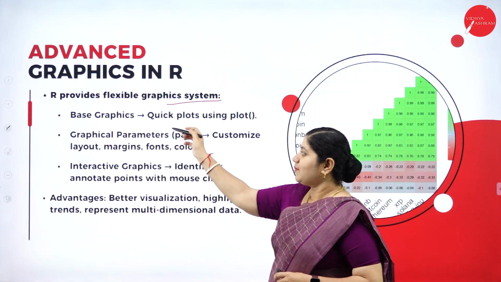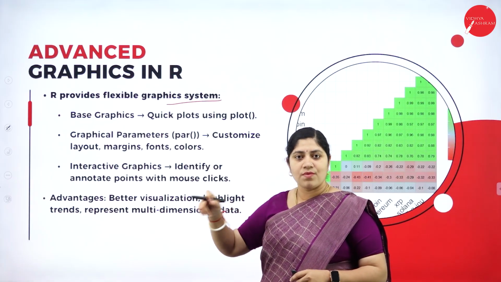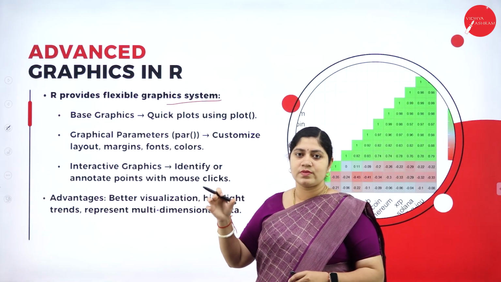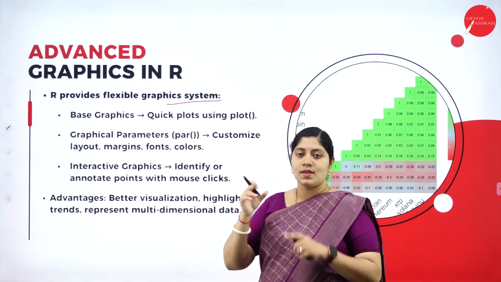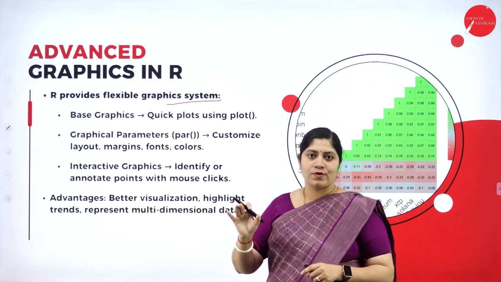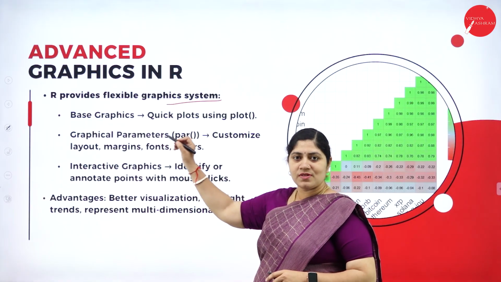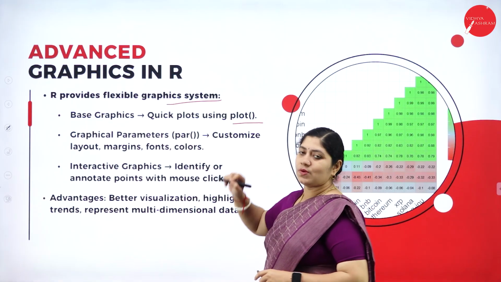Over here, the base graphics. In base graphics, we know x, y, we will be defining the terms for the x-axis, y-axis, then we'll be defining the complete title for that graph. Okay, so that is all about the base graphics. And how is it possible? That was possible by using plot().